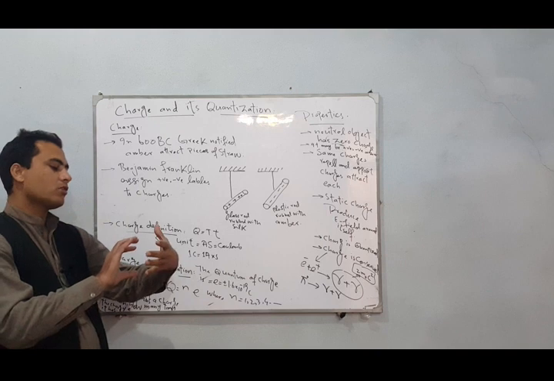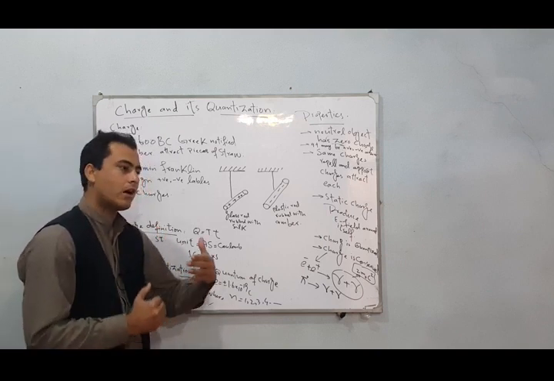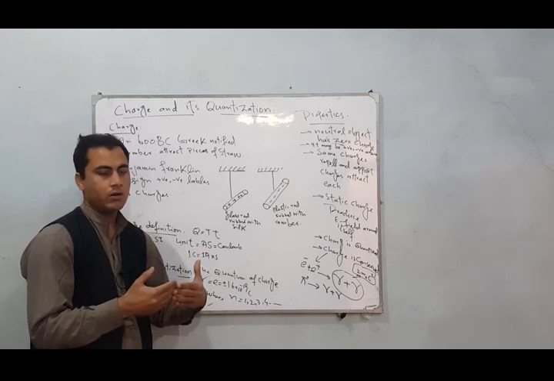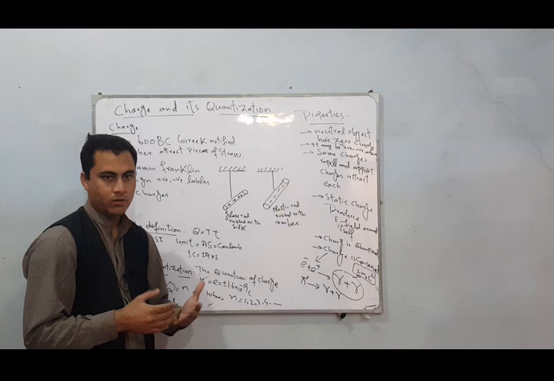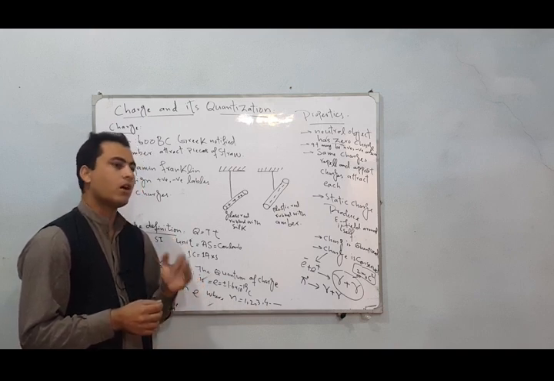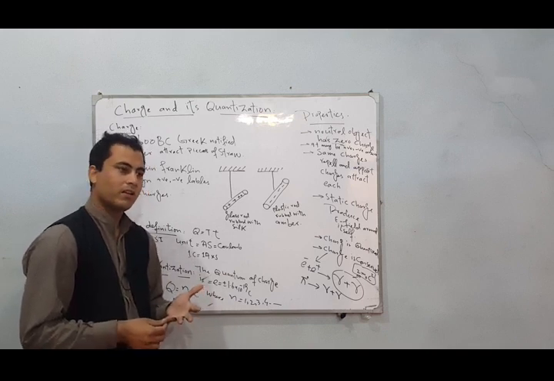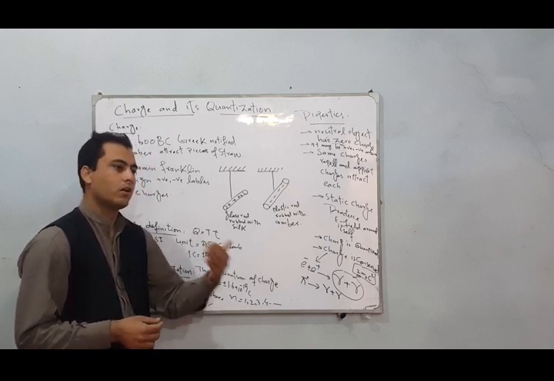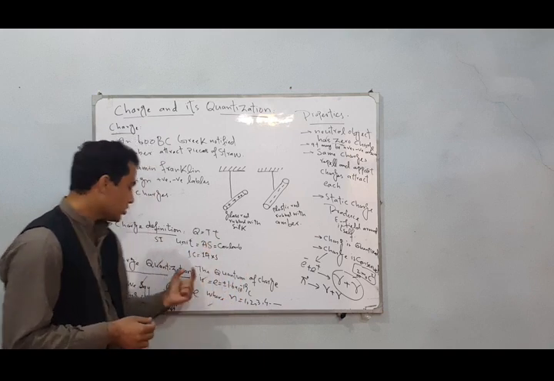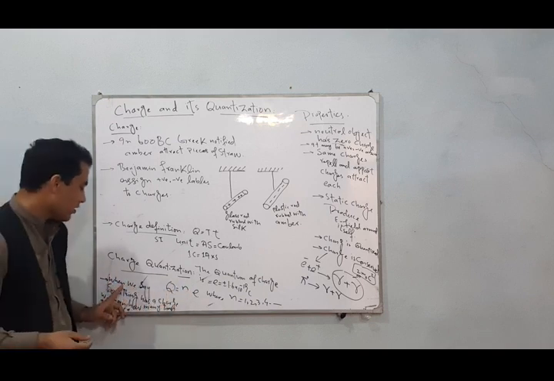So when electrons transfer from one body to another, they are always transferred in integral form, not fractional form, because we cannot say that half an electron or 3.5 electrons are transferred, but rather that 10, 20, or 30 electrons are transferred. So charge is always transferred in integral multiples.